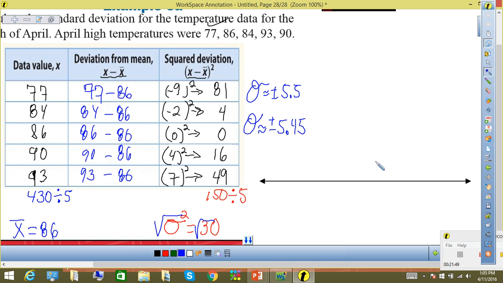All right. So check this out. What was our first data that we have? 77.